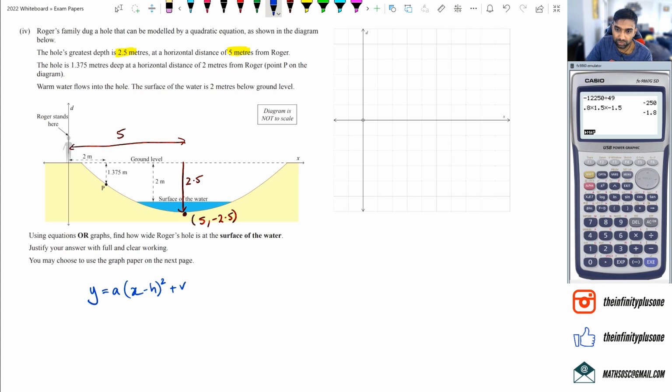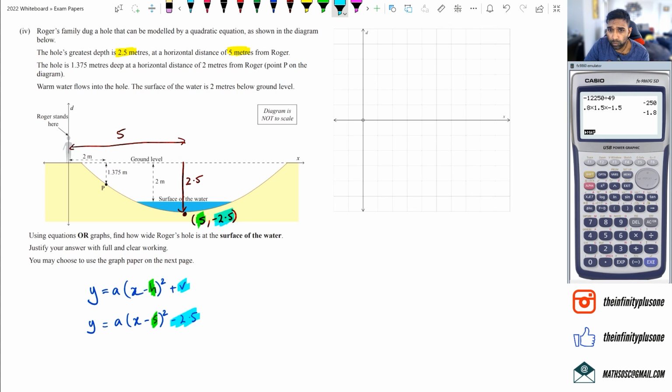Don't be like, oh, he's doing it a completely different way or anything. So we've got y equals a(x minus 5) squared minus 2.5. So all I've got here is the 5 is from there, which is the horizontal movement, and the minus 2.5 is your vertical shift right there.